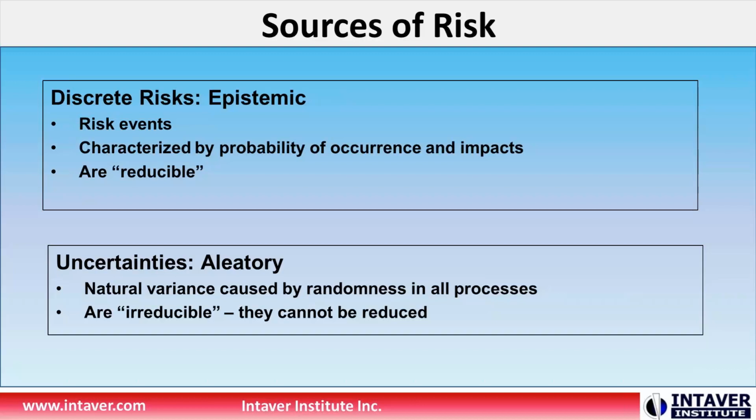They're risk events, and they can be characterized by a probability and impacts, and the impacts can be across multiple risk categories: cost, schedule, quality, safety, and so on. The key thing about them is that they're reducible. We can manage them. So we can take a look at them, and as the PMI says, we can avoid, transfer, accept, or mitigate.